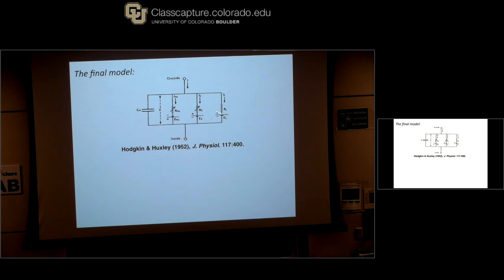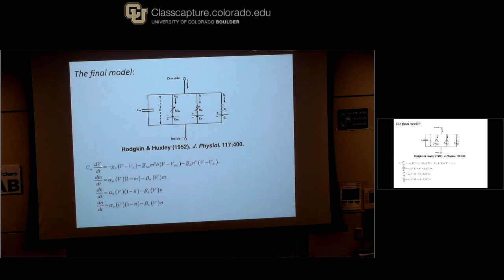This is a fudge term that says no neuron is perfect, there are some holes. There will be a potential that's set up just by the fact that there's some leak. You tried to make a bag of potassium, it's not perfect, it's biology, there's some leak. So that's what they wrote down, and then they were able to infer the voltage and time dependence of all of these currents.